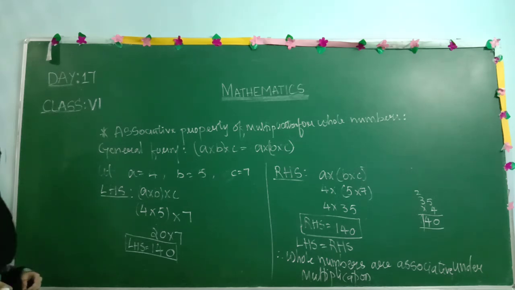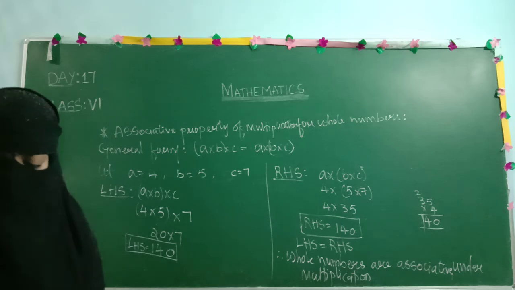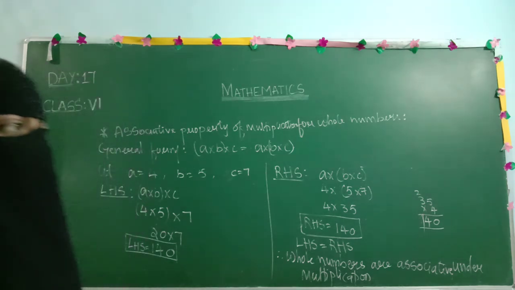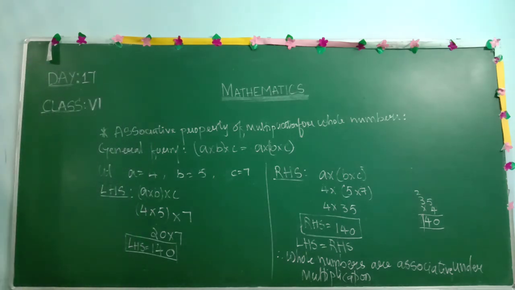So what have we studied today? Today we have studied the associativity of addition and multiplication, and we have checked that the LHS part and RHS part are both equal. Based on that we have concluded that whole numbers are associative under addition and under multiplication.